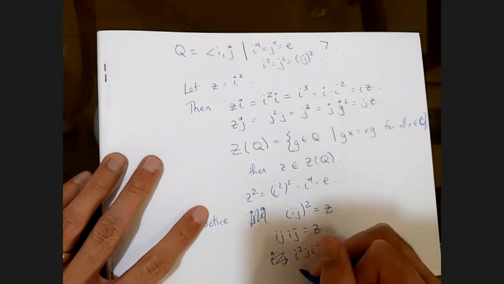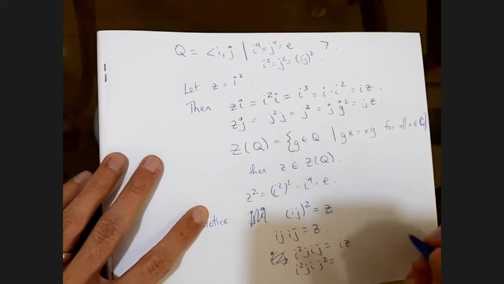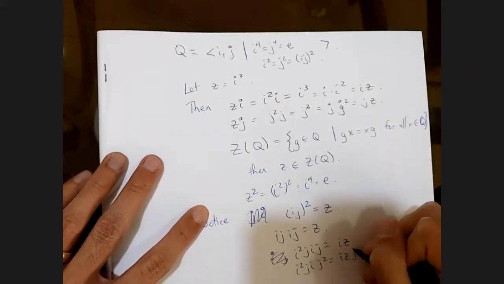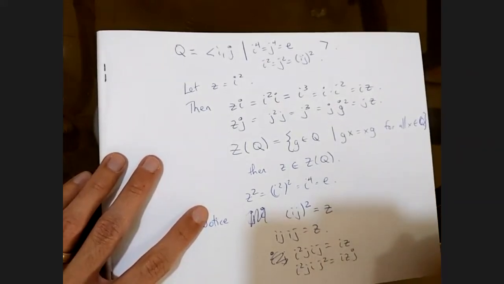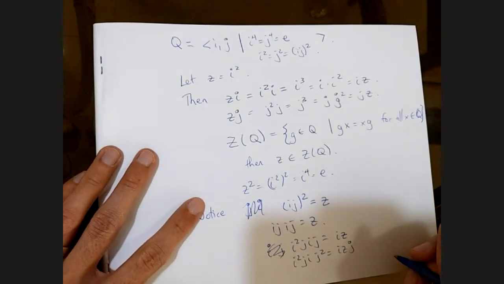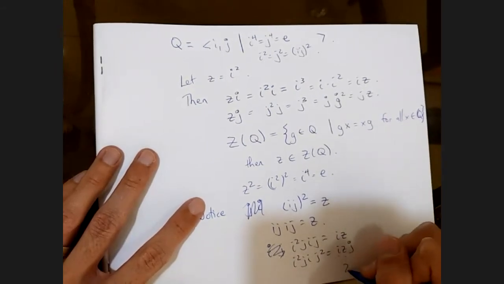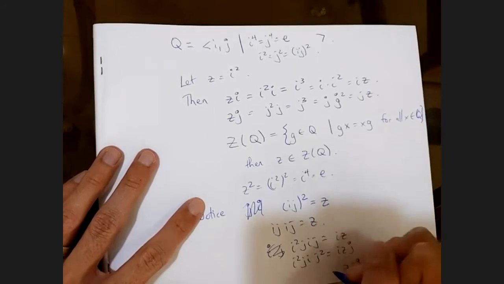Multiply on the right by J, you get I squared JIJ squared equals IZJ. Now remembering that IZ equals ZI, we have ZIJ on the right-hand side.